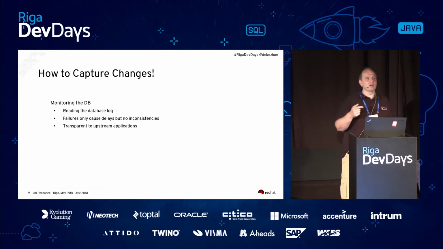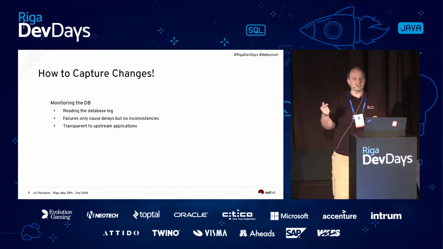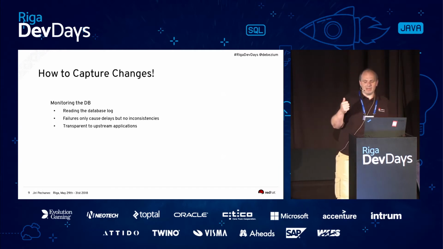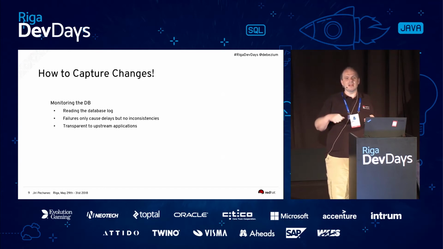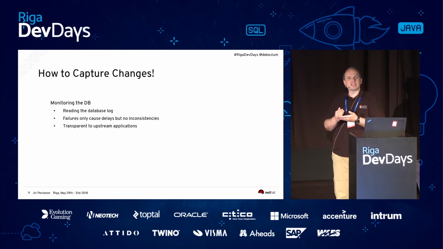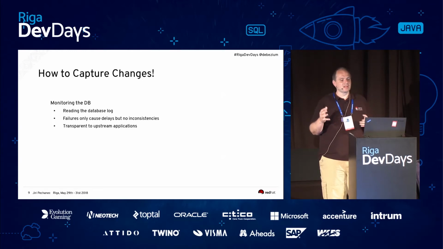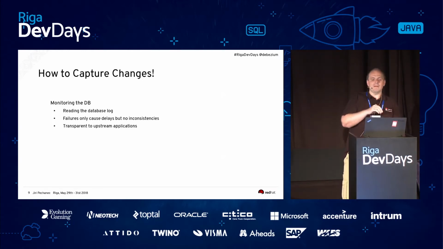Whenever you are writing a transaction to the database, a record is created in the database log. Then, when you issue a commit, the change in the log is persisted, and only after that the content of the database is modified. So we have everything we need in the log.